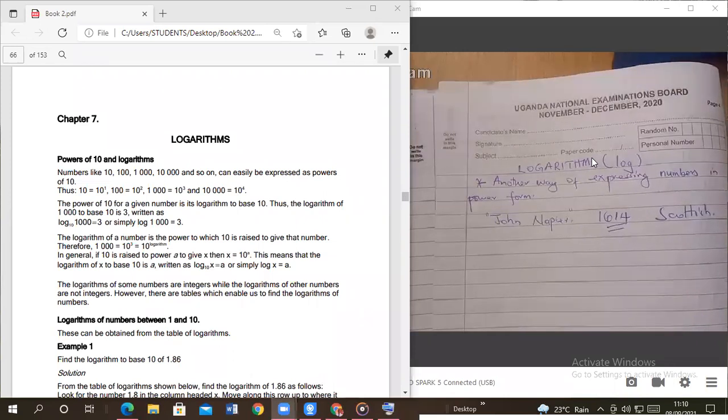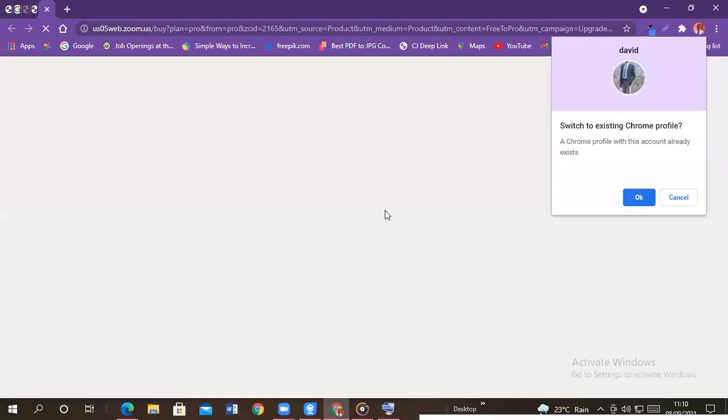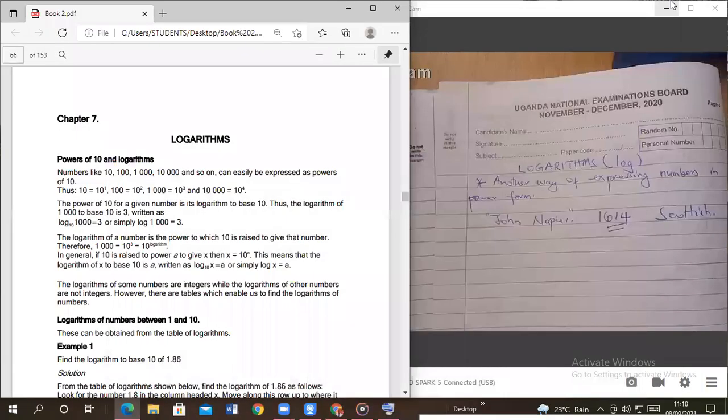Then he said there must be another way of expressing large numbers, apart from using indices, because indices just give us the power form.